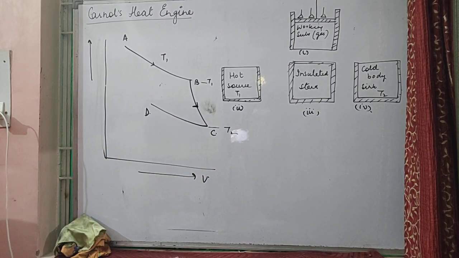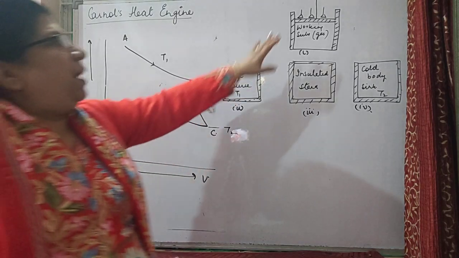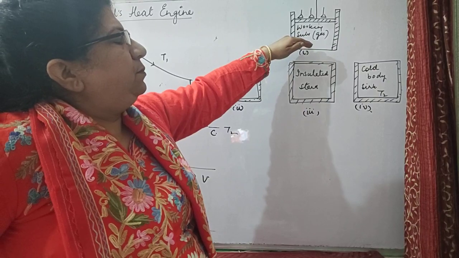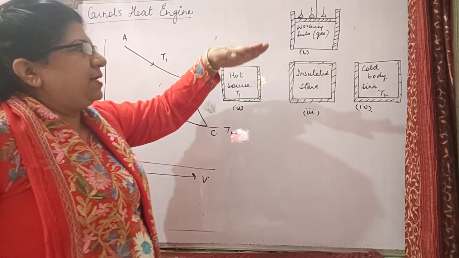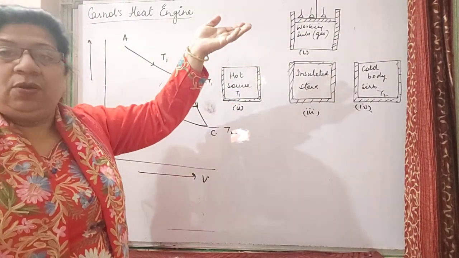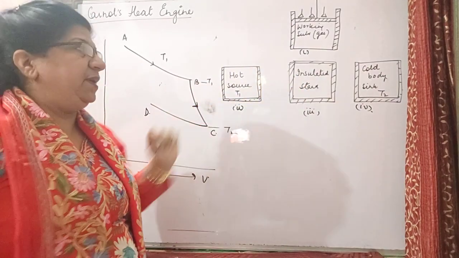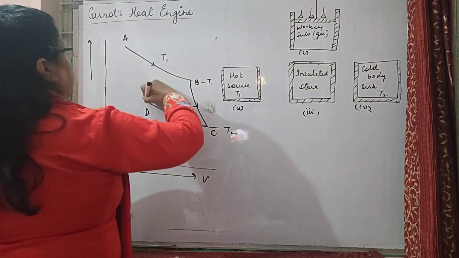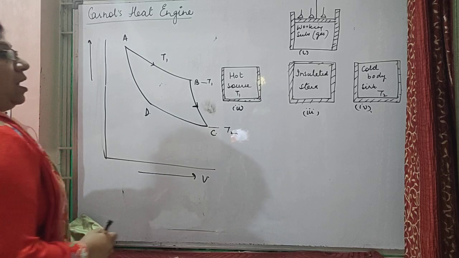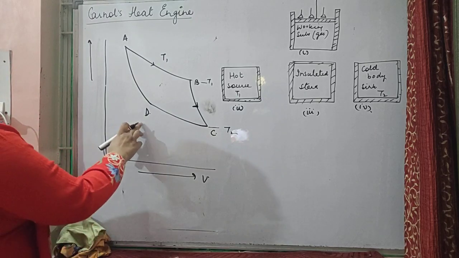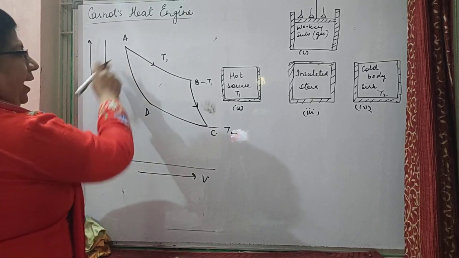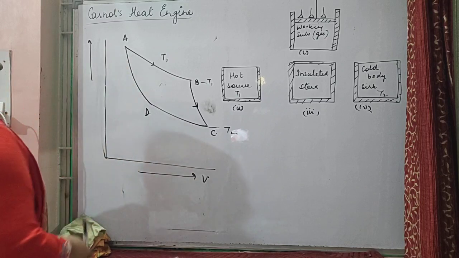Further, the cylinder is again kept on the insulating stand and the weights are further placed over it. And we placed them. Now, when we are placing more weights on it, the gas is compressing and the temperature is rising because no exchange of heat is taking place. So in that case the compression is adiabatic. Okay, so from D to A. Again from T2 to T1 it reaches.